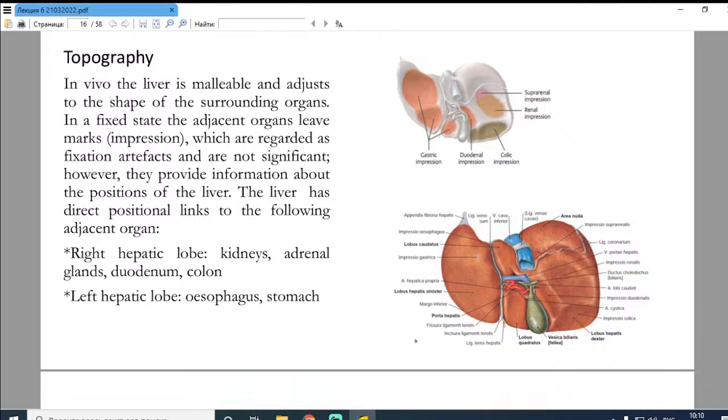The liver has a direct positional link to the following adjacent organs: right hepatic lobe, suprarenal impression, renal impression, colic impression, duodenal impression, and gastric impression.